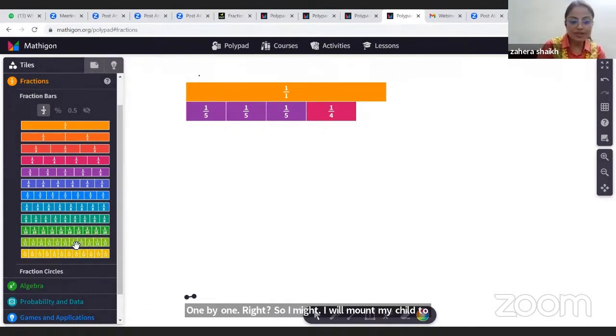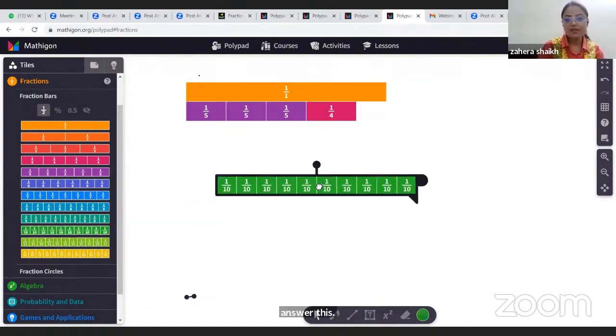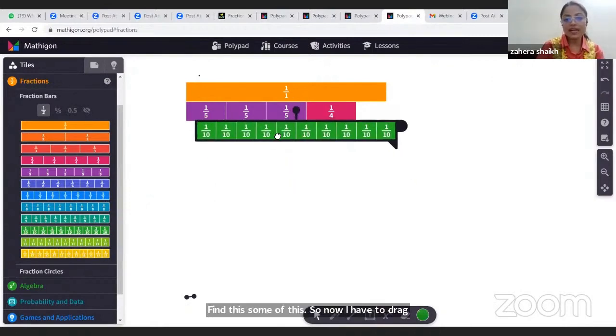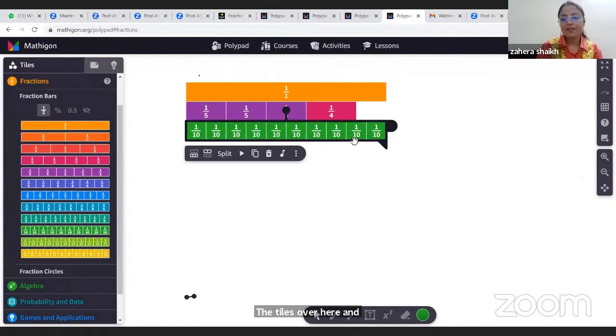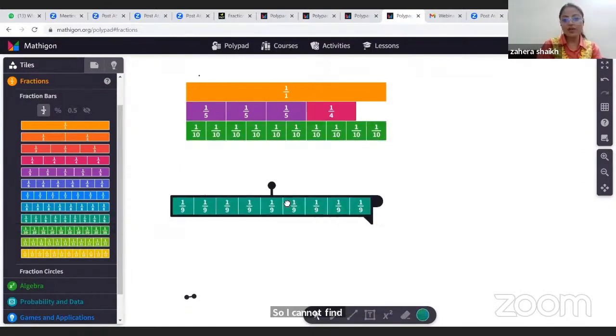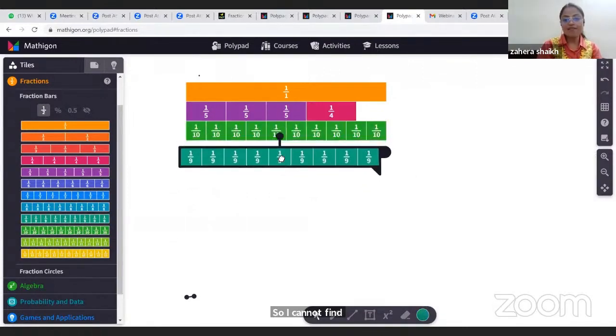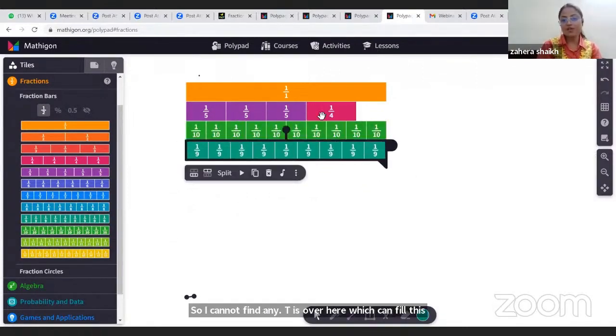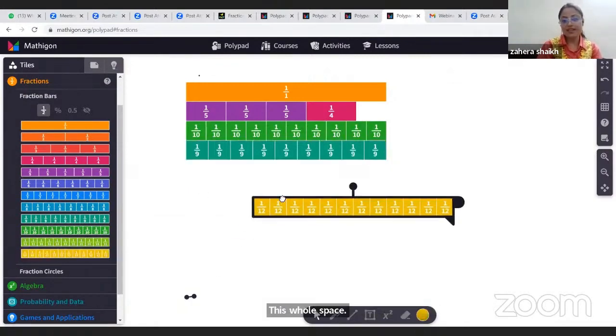So now I have to drag the tiles over here and check. I cannot find any tiles over here which can fill this whole space. See, I cannot find any.